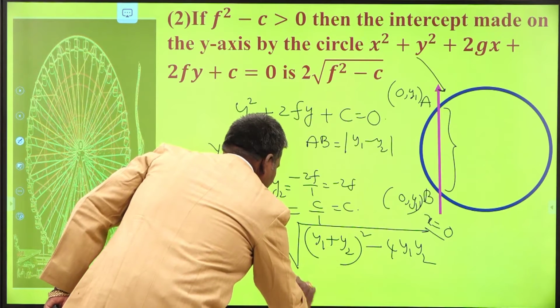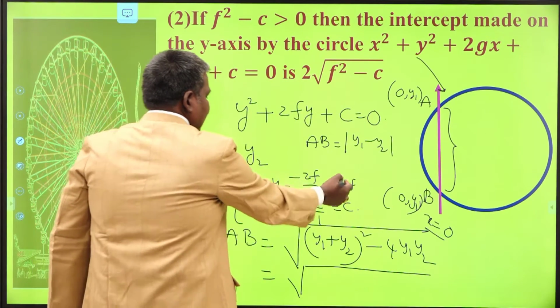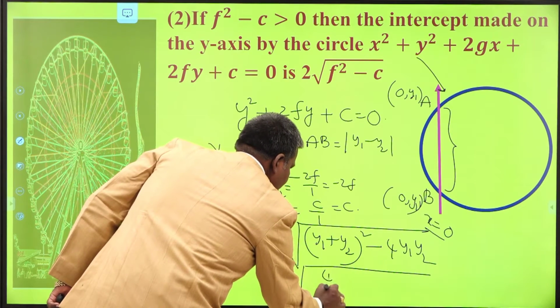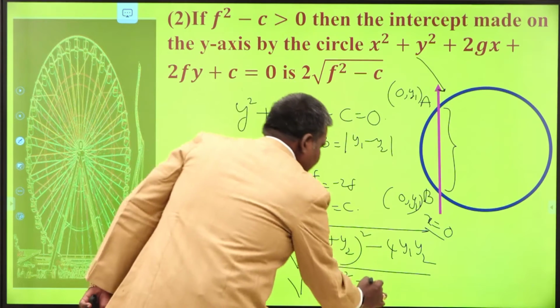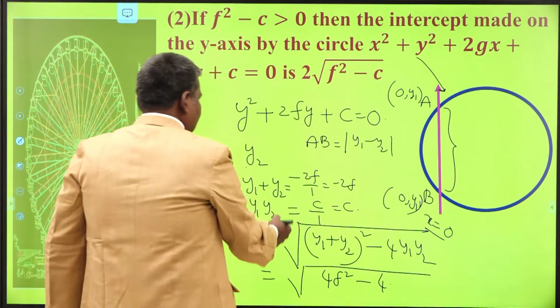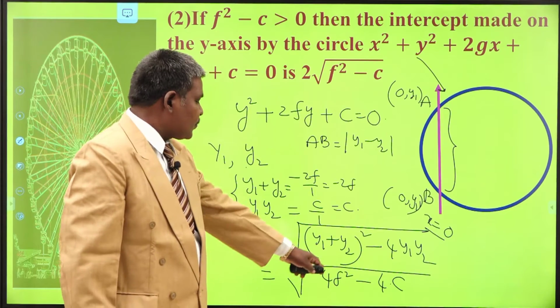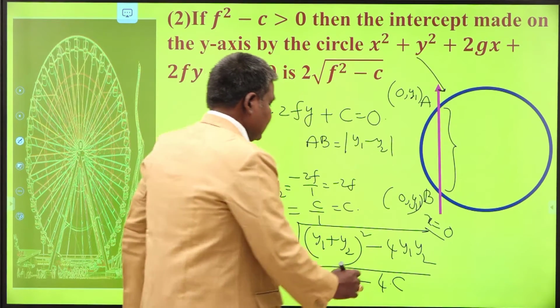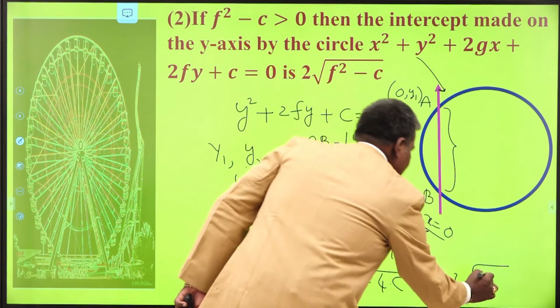So this is nothing but root of: what is y1 plus y2? Minus 2f. Minus 2f whole square means 4f square. Minus what is y1 y2? This is 4, your y1 y2 is c. Root of 4f square minus c. It is nothing but 2 into root of f square minus c.